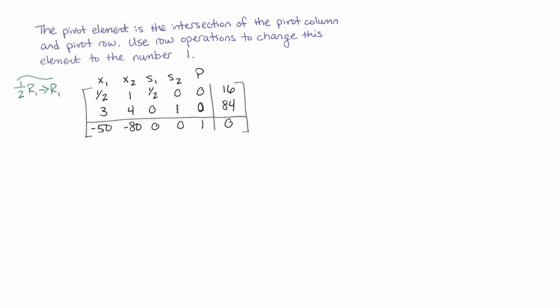We're going to multiply row 1 by 1/2 and replace row 1 with that. So our new matrix is 1/2, 1, 1/2, 0, 0, 16 in row 1. Row 2 is 3, 4, 0, 1, 0, 84. And row 3, negative 50, negative 80, 0, 0, 1, 0.